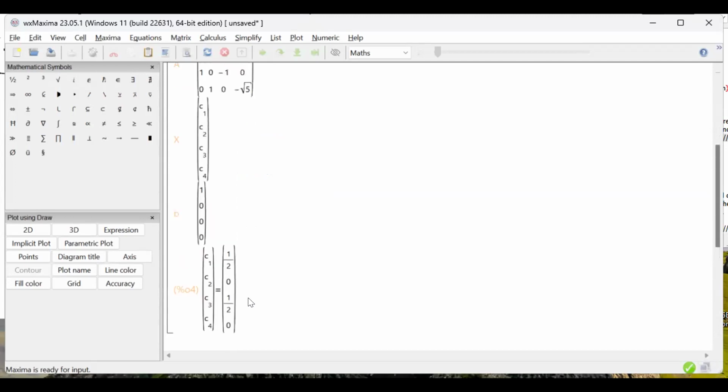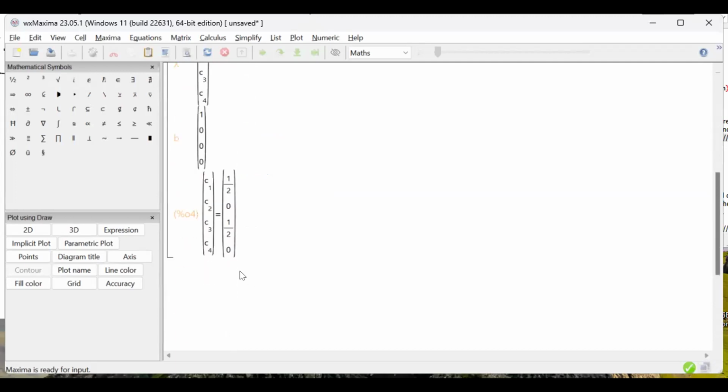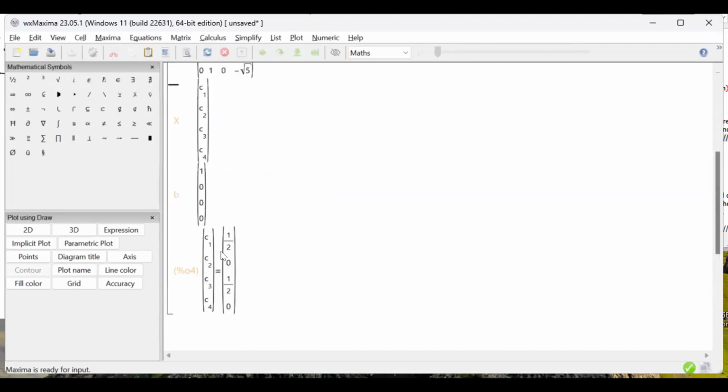Perfect. Looking back at our general solutions, C2 and C4 are the sine terms, so they're 0. Now we can create a new function. We'll call it x of t.